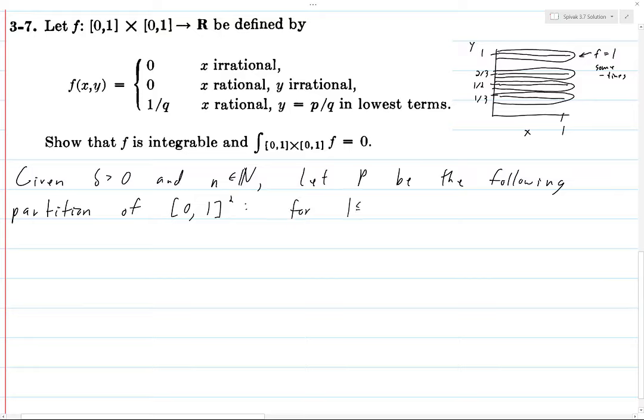If i is between 1 and n, then P contains, so this is going to be Pn. Well, P depends on both delta and n, so let's just not write any of those things, but it's implied that P depends on both delta and n.